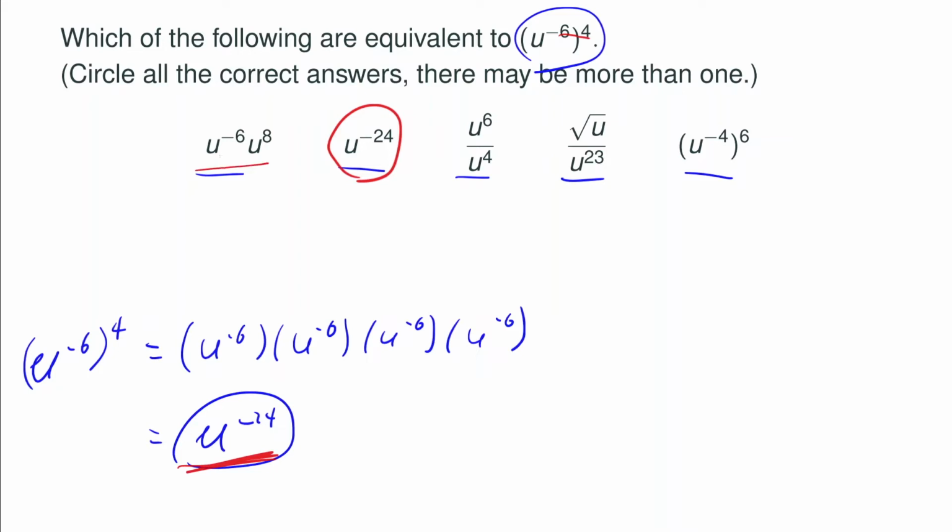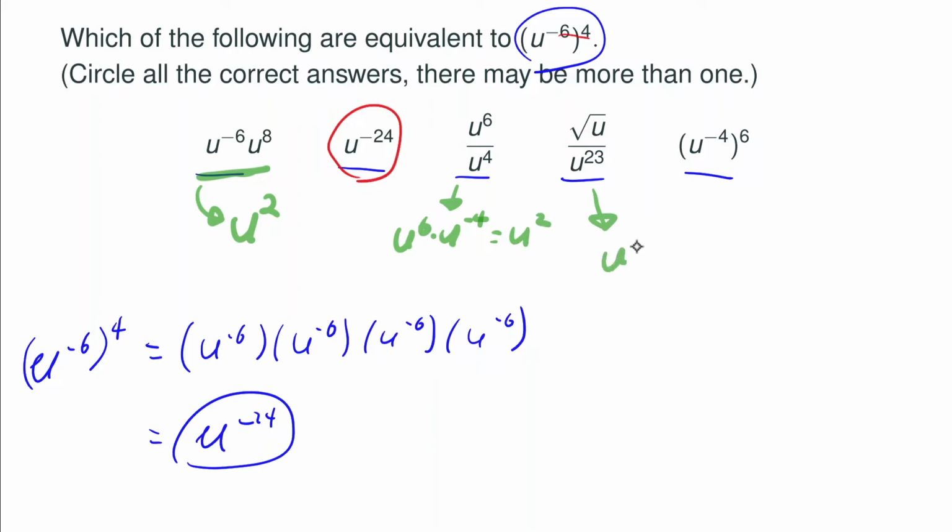Now let's simplify the others one at a time. This one simplifies to u to the second power. This one is the same as u to the 6 times u to the negative 4, because when the term moves from the denominator to the numerator, the exponent becomes negative, which gives u to the second power. So this is also not it. Now let's look at this one.